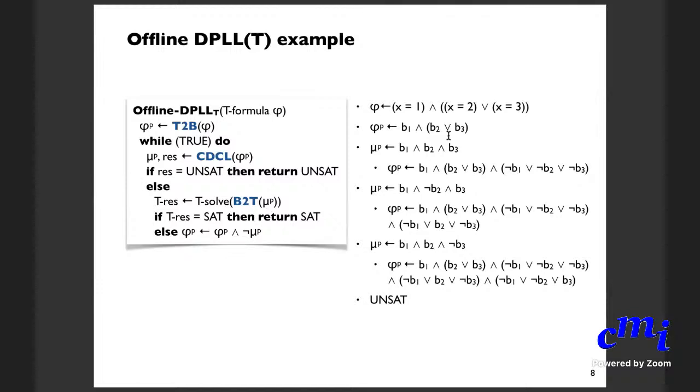Therefore, instead of calling the theory solver at the very end, after you get a full assignment, maybe integrate the theory solver into the DPLL process, even while you're generating the smaller assignments.